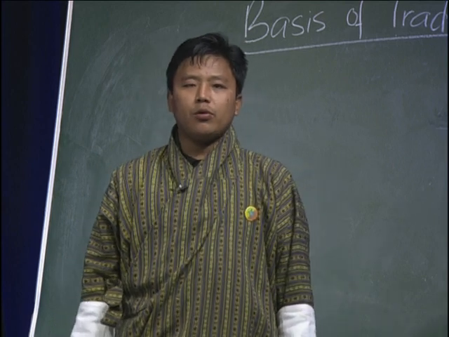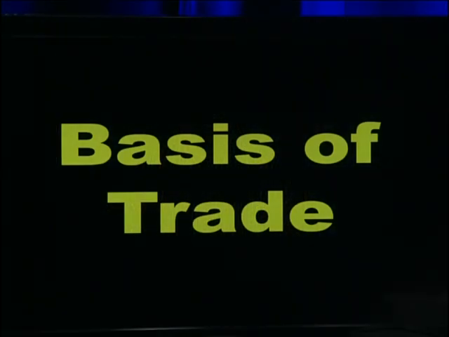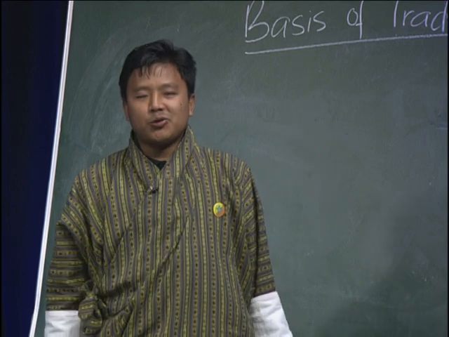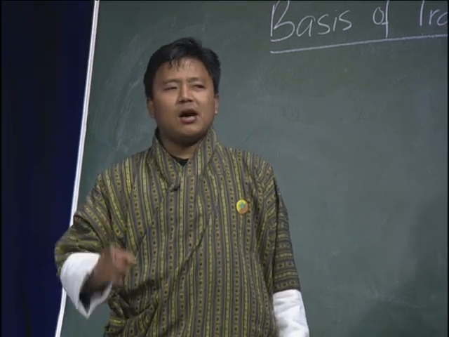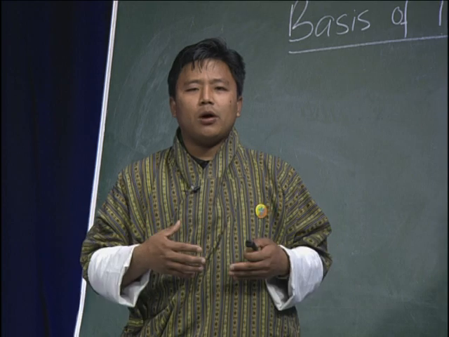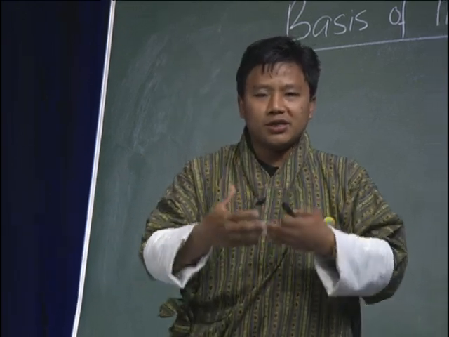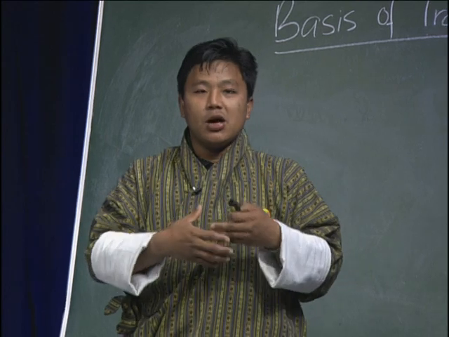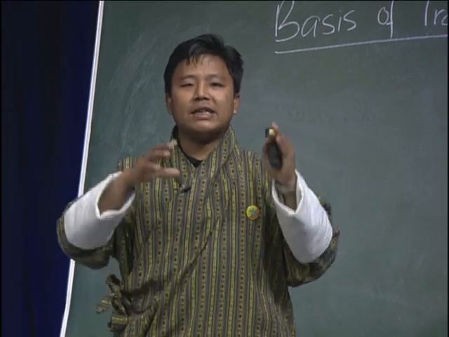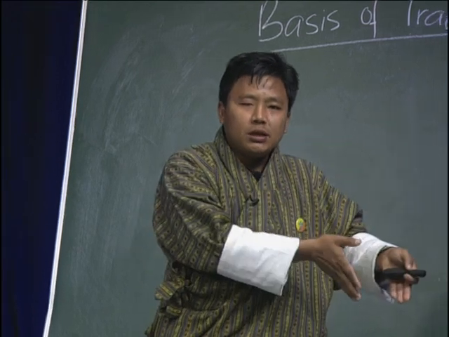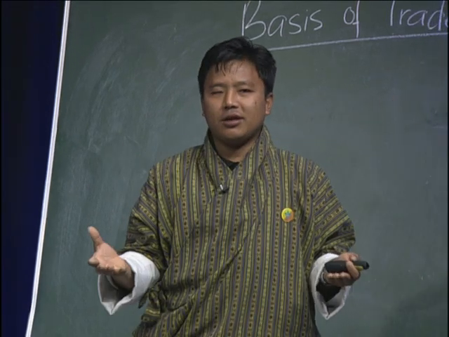Before I go into the topic, let us recapitulate the lesson that we have studied in the previous class. In the previous class, we learned about the meaning of trade, which is the exchange of goods and services that happens within and outside the country.